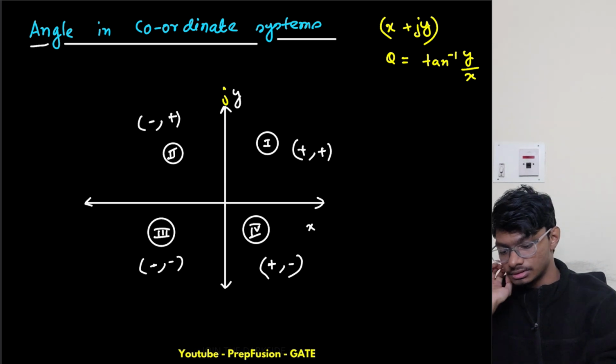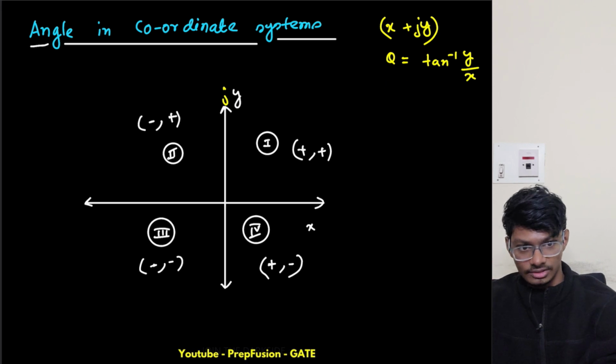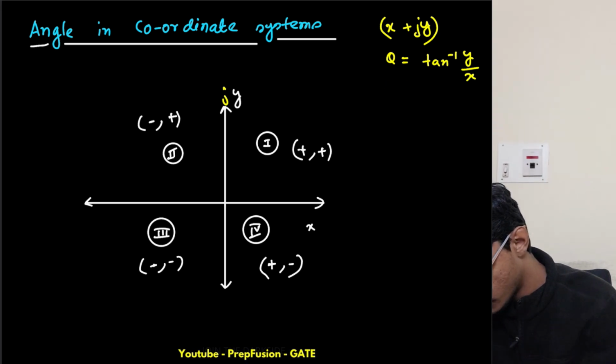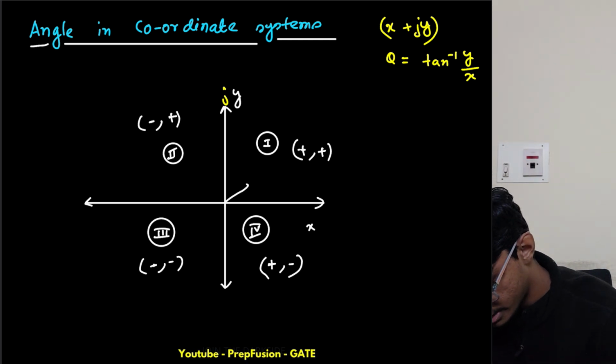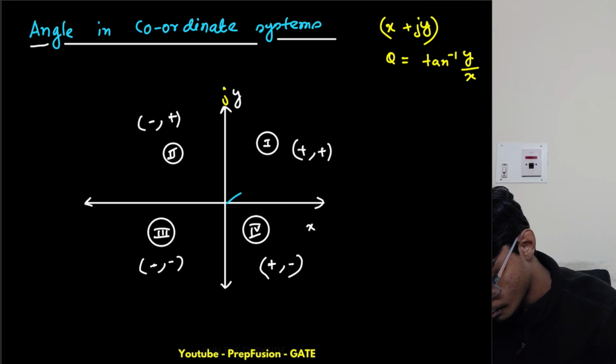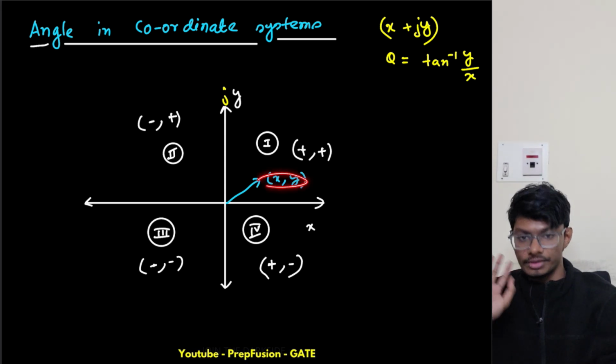Now my theta is tan inverse y upon x. Let's say this is one standard form where I have one location, x comma y.